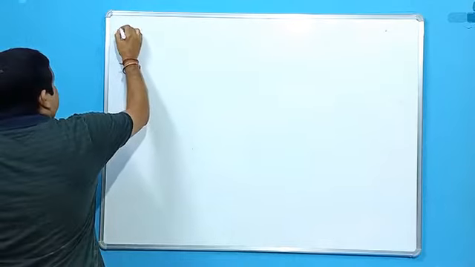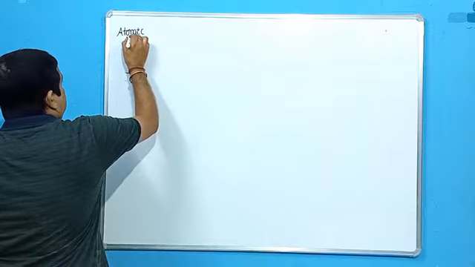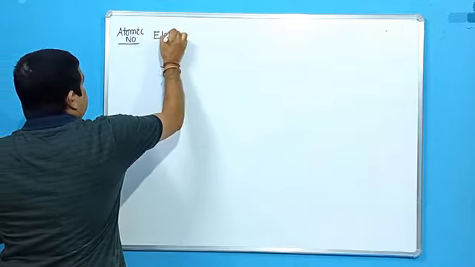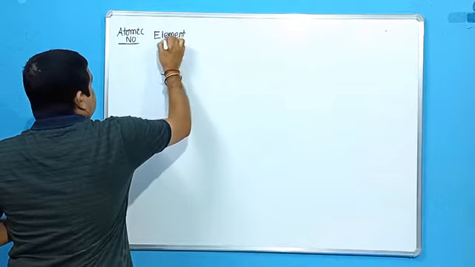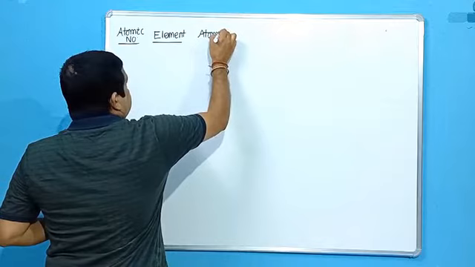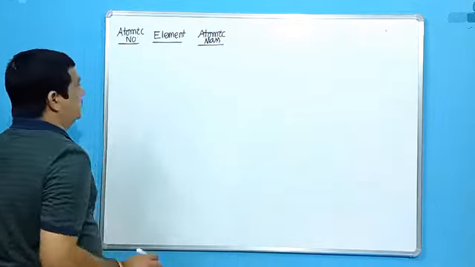So we start with atomic number, then element, then atomic mass. We will check it for 1 to 20.